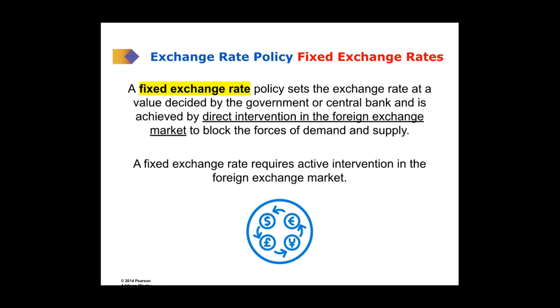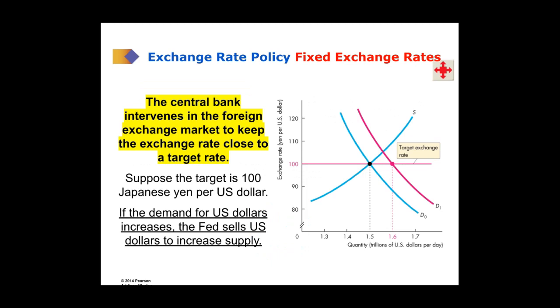Instead of supporting specific producers, you're supporting producers overall, because all exports to other countries will seem inexpensive from the perspective of other countries. And so again, in any of these cases, the central bank has to intervene in the foreign exchange market to keep the exchange rate as close to the target rate.